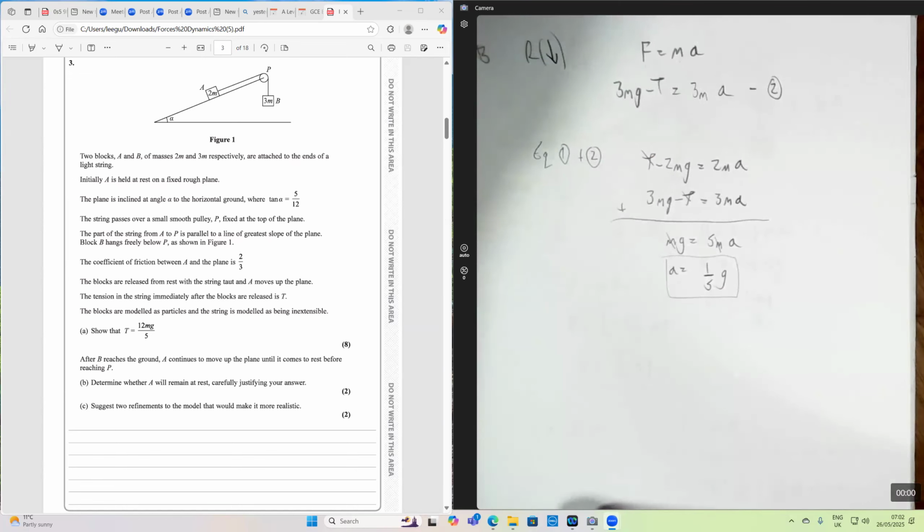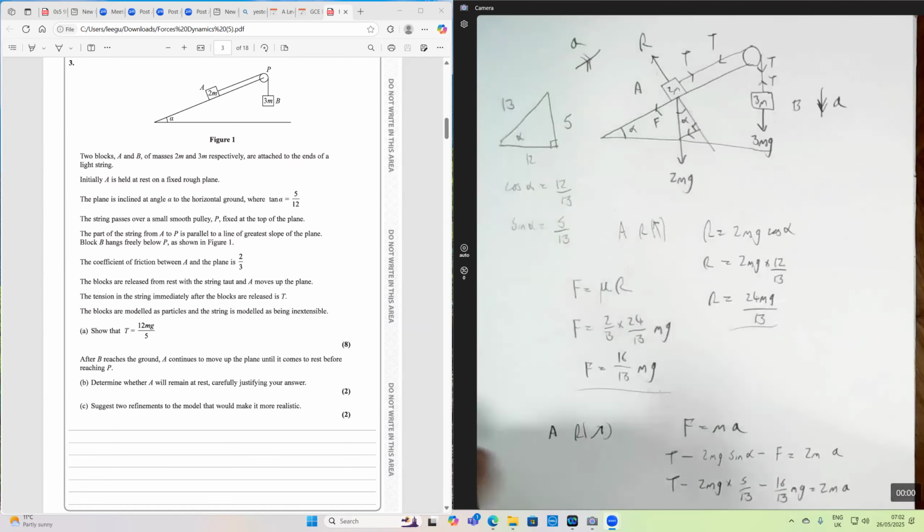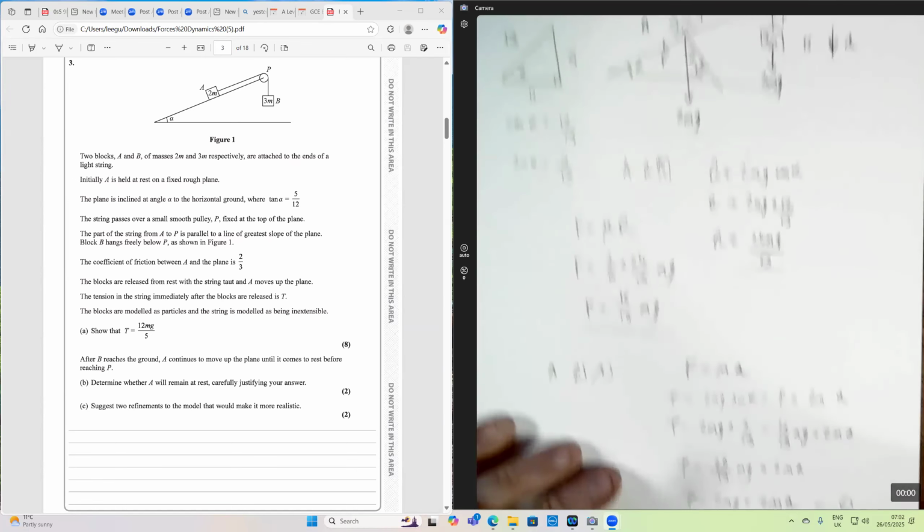So now I can go back to either of my equations and work out what the tension is. Let's use this one, T minus 2mg equals 2ma. And we now know that the acceleration is 1/5 g.